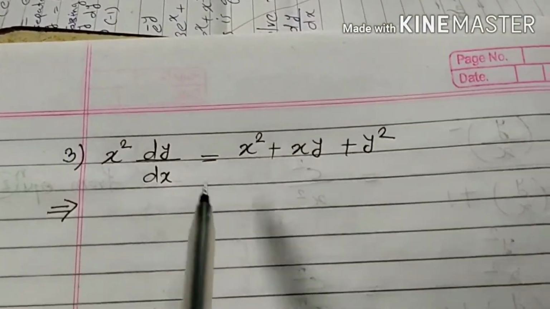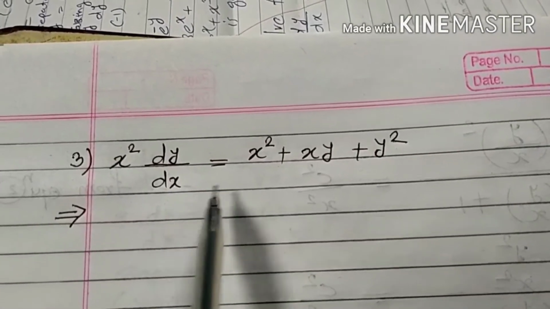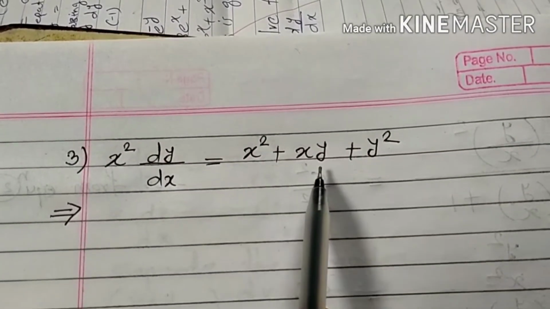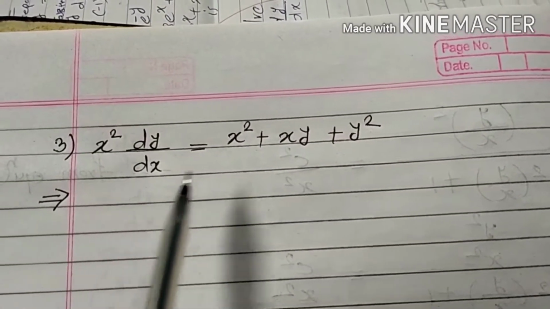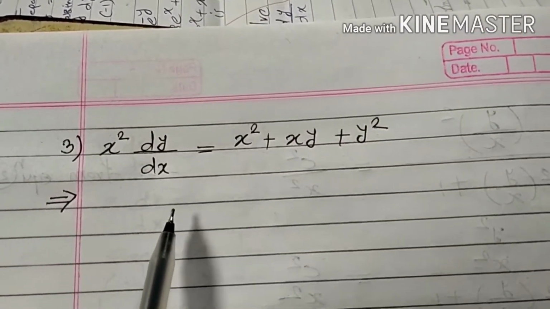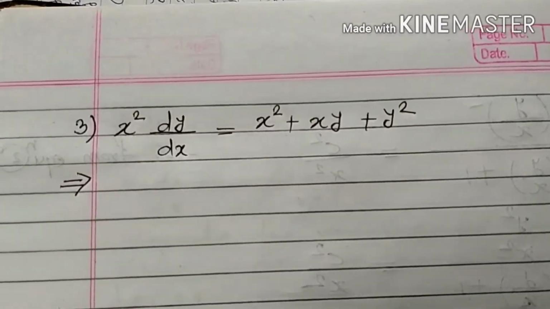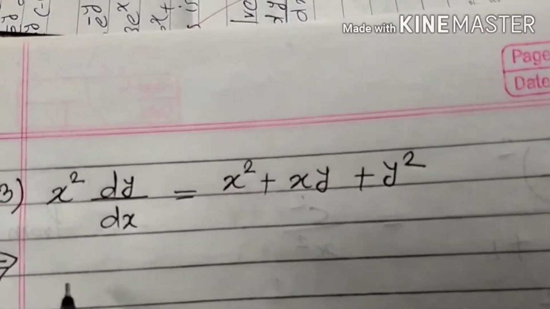Now next example, x square dy by dx is equal to x square plus xy plus y square. You can observe that the degree of each term is 2, so it is a homogeneous differential equation. Now let us start to solve.